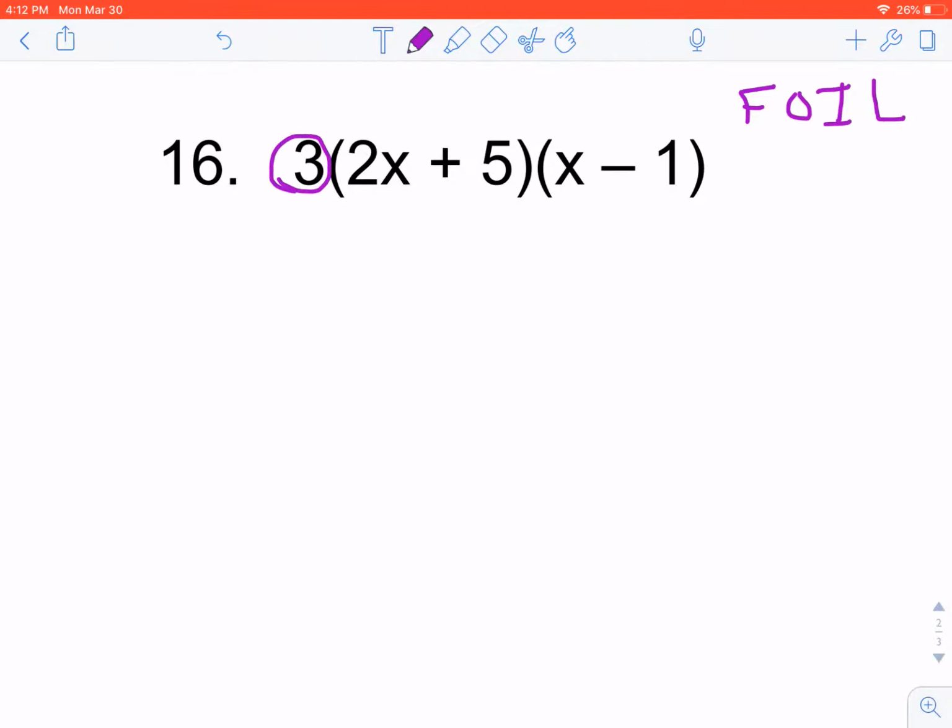And that 3 means we need to distribute it to that first set of parentheses. It only goes to the first set because it's only attached to the first set. So we're going to take 2x times 3, so that gives us 6x. And then we're going to attach the 3 and the 5. 3 times 5 is 15. Now we didn't do FOIL yet, so we have to put our parentheses back around the problem. We didn't do anything with x minus 1, because nothing's attached to x minus 1.